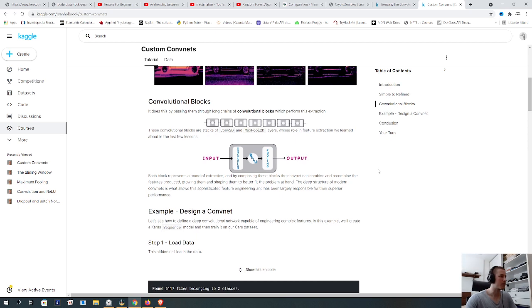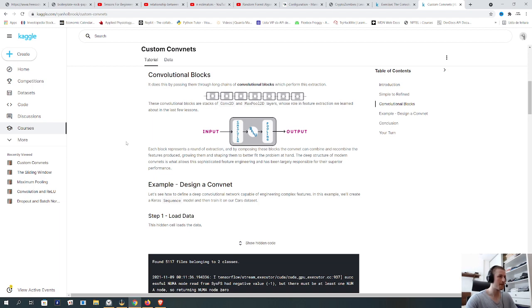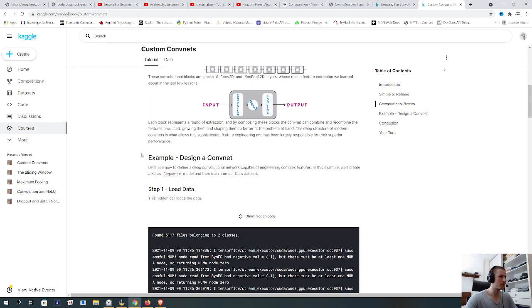Convolutional blocks. It does this by passing them through long chains of convolutional blocks, which perform this extraction. These convolutional blocks are stacks of convolution and max pooling layers, whose role in feature extraction we learned about in the last few lessons. Input, output.